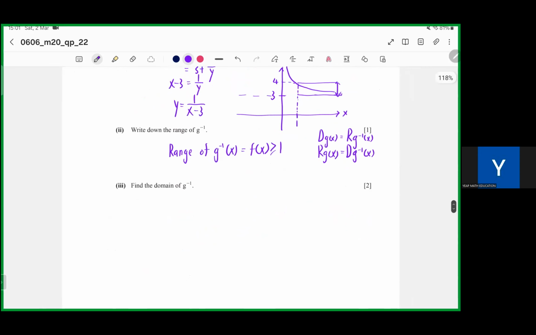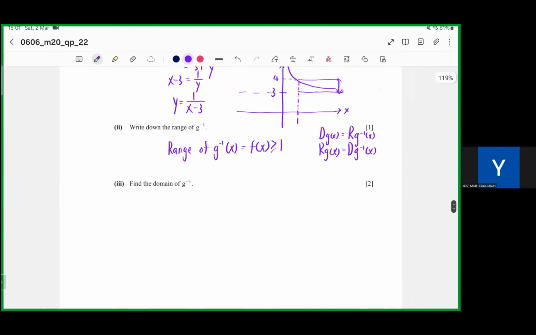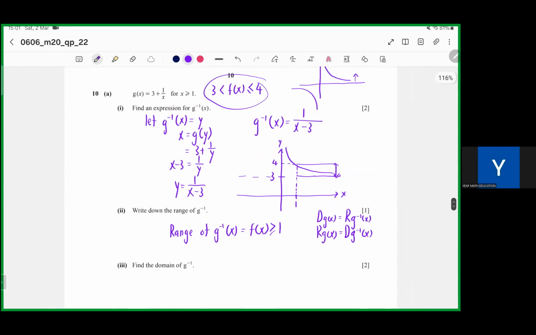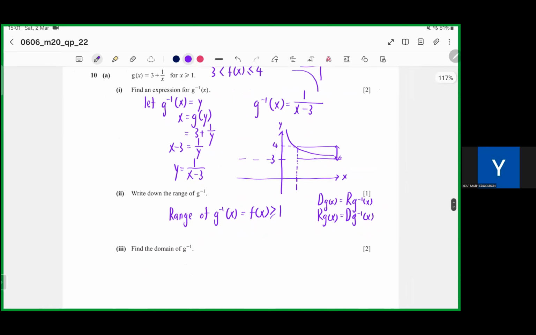Okay, now we see question C. Find the domain of the inverse g(x). Actually we already found it here, so I already explained it. So the answer is the domain of the inverse function of g(x) equals 3.